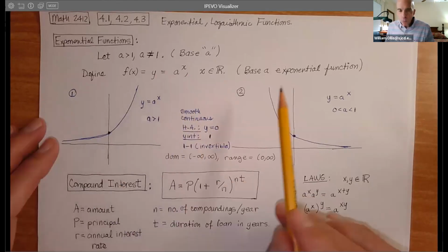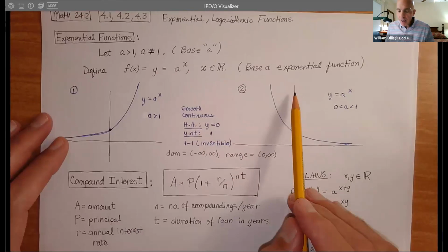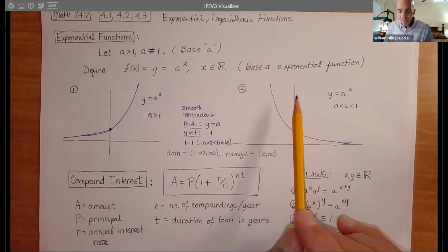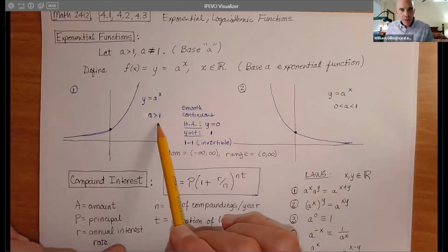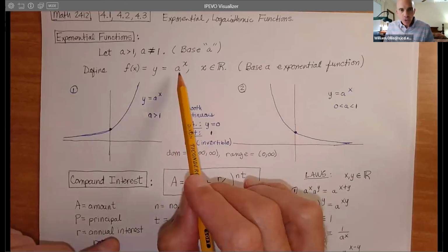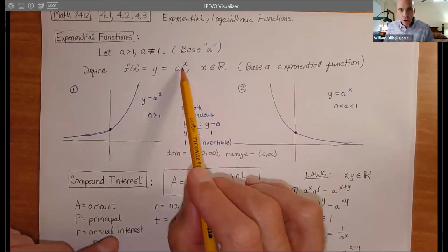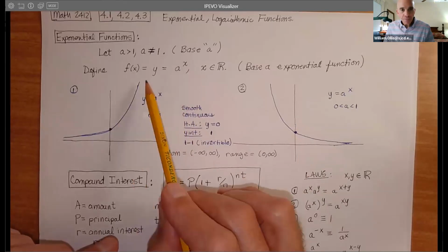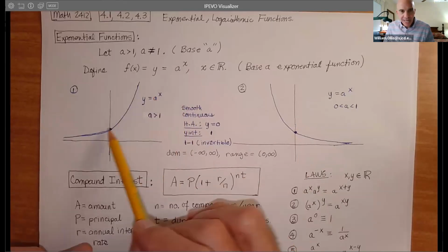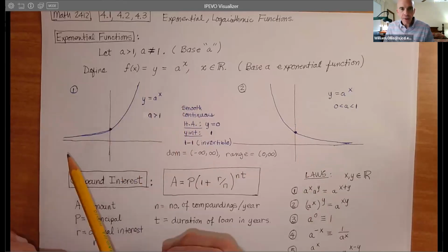And so what we found in the college algebra cases is that if A, the base, were bigger than 1, then clearly the powers here, that is, we raise A to larger and larger powers x, the outputs get larger. And so we got this nice increasing function.